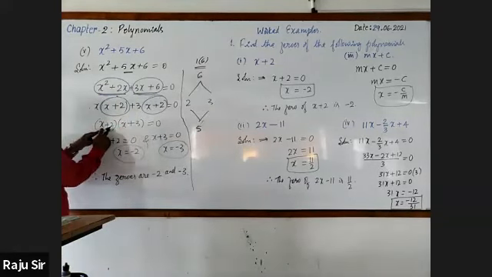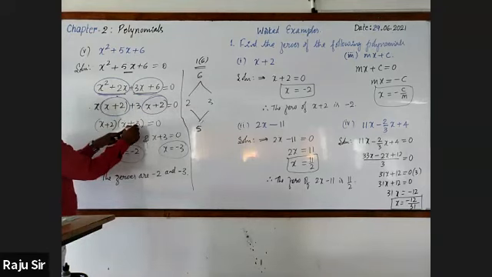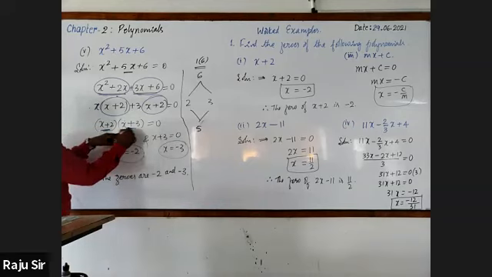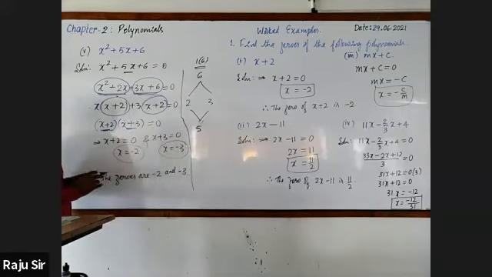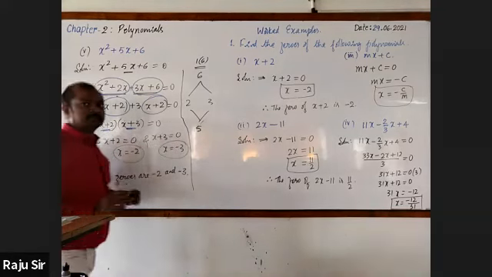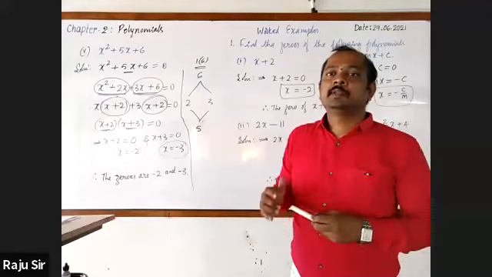If I take this as common factor, the remaining x and 3 will remain: x plus 3. Now we have equated each of these two to 0. x plus 2 is equated to 0, x plus 3 is equated to 0. Now we have found the value of x: x is minus 2 and here x is minus 3. Any more doubts? No, sir.